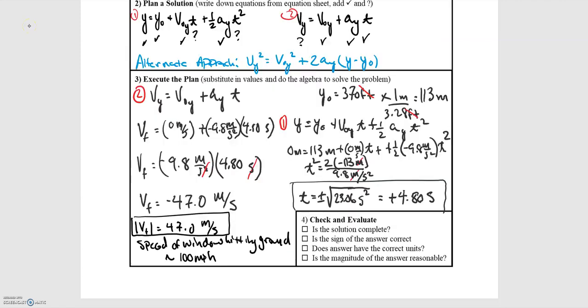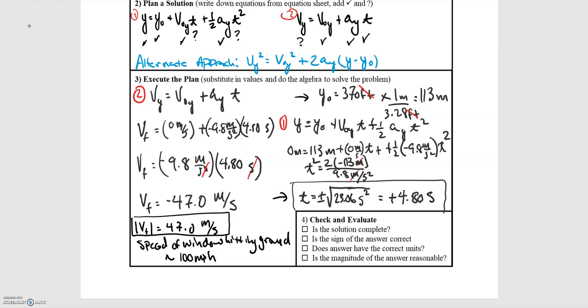I have all the algebra worked out. The first step that I did was to convert the initial height from feet into meters. Of course, you could have kept everything in terms of feet, but you would have had to convert the acceleration due to gravity in terms of feet per second squared. Both are equally valid. So after converting, using the first kinematics equation, I found a time of 4.8 seconds for the window to reach the ground after falling.